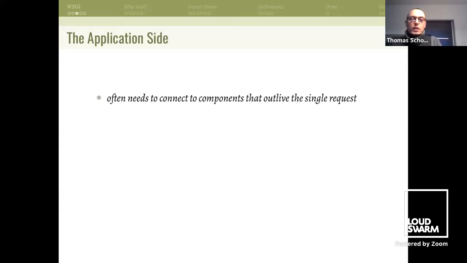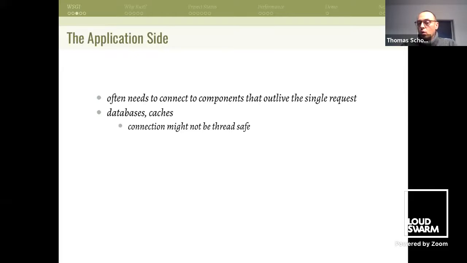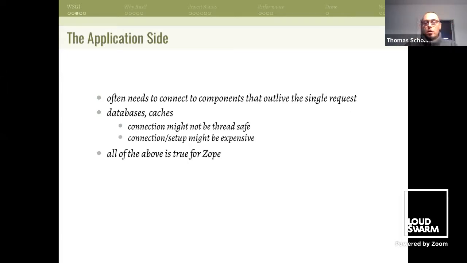On the other hand, on the application side, we normally don't have that simple hello world application. We often need to connect to components that outlive the single request, like databases or caches. And those database or cache connections might not actually be thread safe, and setting them up might be expensive. All of the above is true for Zope, because ZODB connections are not thread safe, and they're also quite expensive to set up.